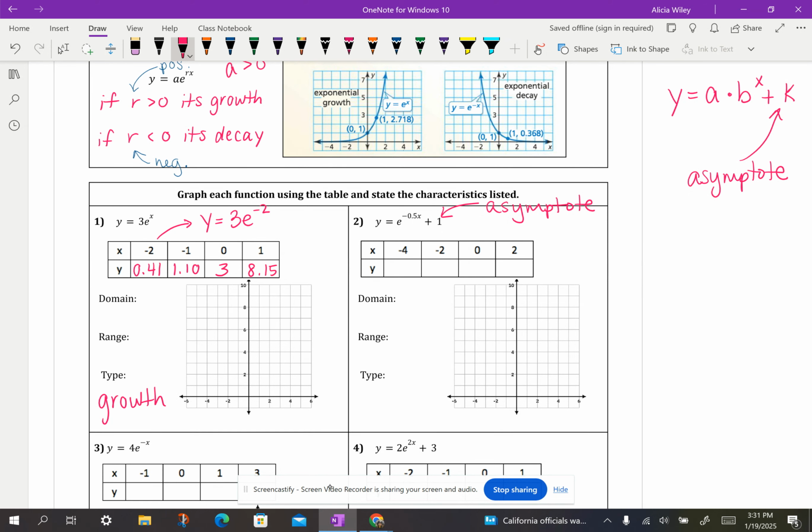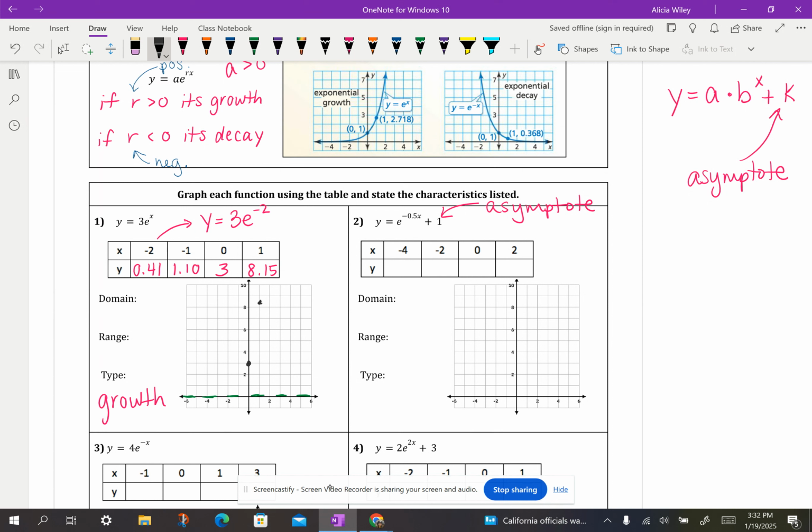Now you can see that this does not have a k value, so your asymptote is going to be at y equals 0. That's right here, dash line, or you can use a highlighter there. And then graphing the points. You have 0, 3. I have 1, 8.15, so like right there.